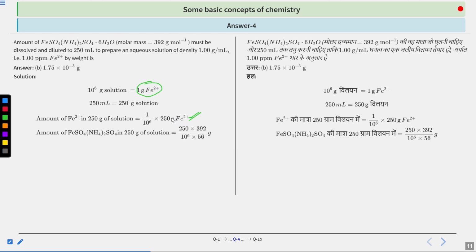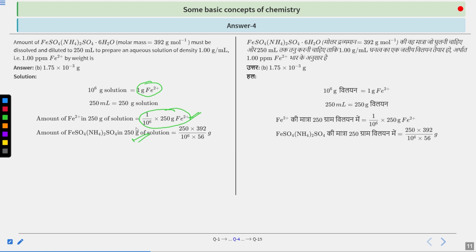Now, how will we calculate the amount of this FeSO4·(NH4)2SO4 in 250 gram of solution? Since we have this much Fe2+, if we look at the salt, 1 mole of it contains 56 gram of iron, and 392 gram is the molar mass of this salt.